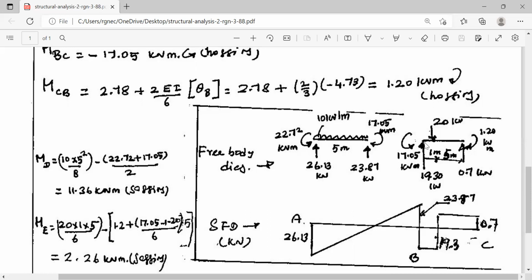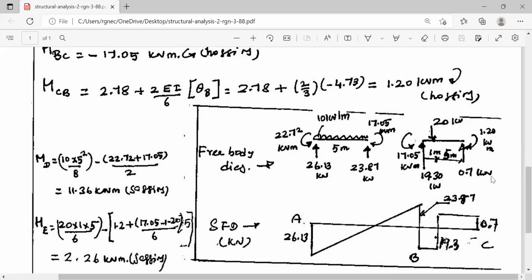Similarly, in the span AB, the total load minus this RBA will give you the value of the reaction at A. Similarly, for the span BC, you have this loading diagram of 20 kilonewton and you have the fixed moment 17.05 at B and 1.2 kilonewton meter fixed moment at C. By taking moment about B, using the relationship sigma MB equal to 0, you consider the moment due to 1.2, the moment due to 17.05, and the moment due to this 20 kilonewton load.